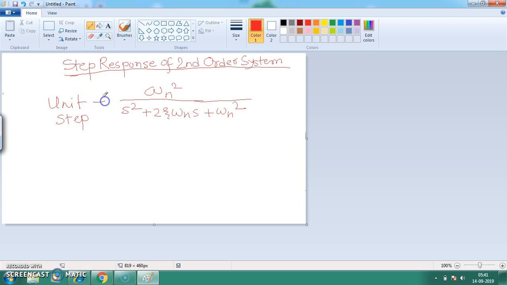to the system, what type of output we can expect? As we have discussed in class, depending upon the value of zeta, we can classify the poles in 4 sections.